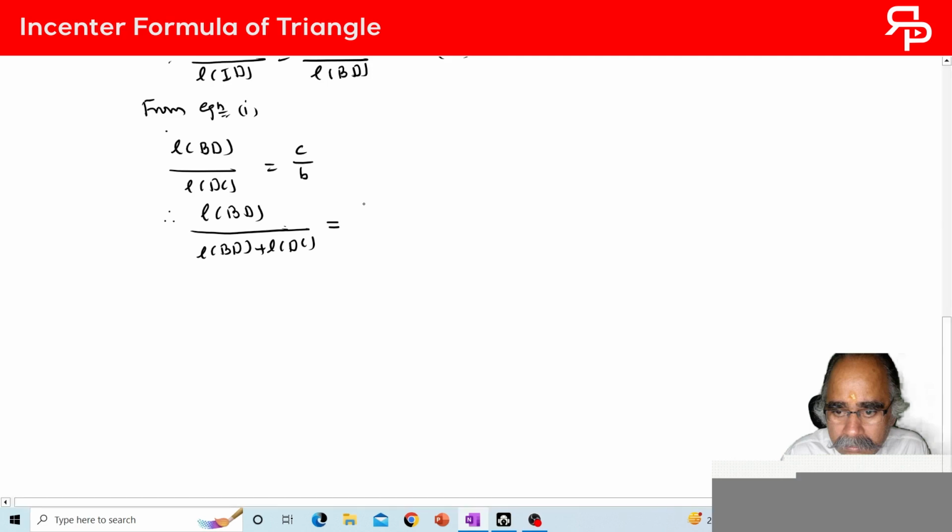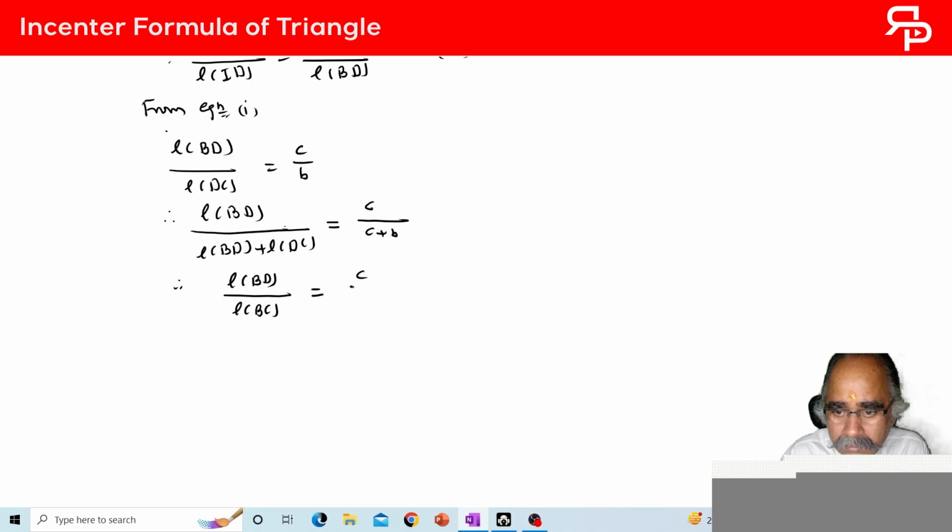Numerator I kept as it is, so C; in the denominator you add numerator C plus B. Now length BD plus length DC is length BC. So length BD upon length BC is C upon C plus B.